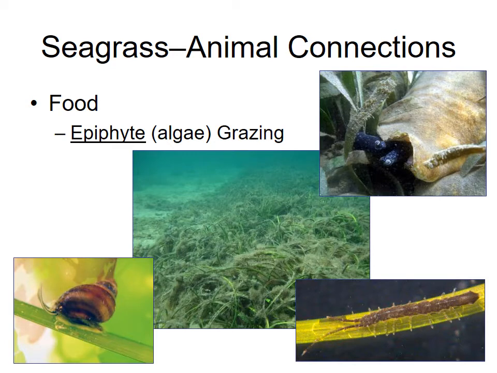So another way that seagrass feeds the environment is not through the production of the seagrass itself, but through the production of the epiphytic algae that grows on the seagrass blades.